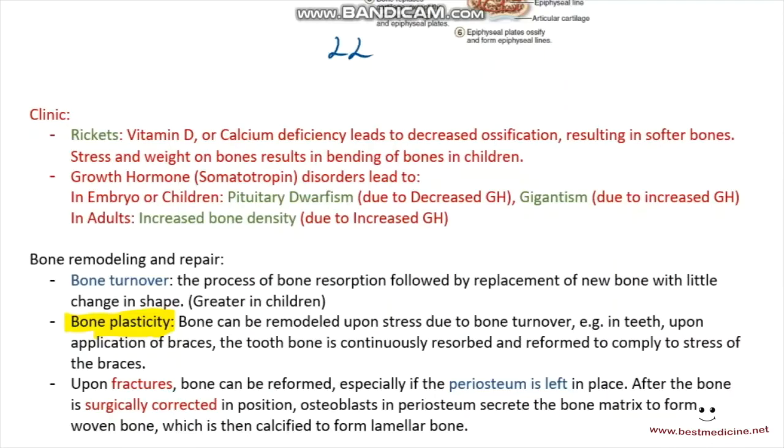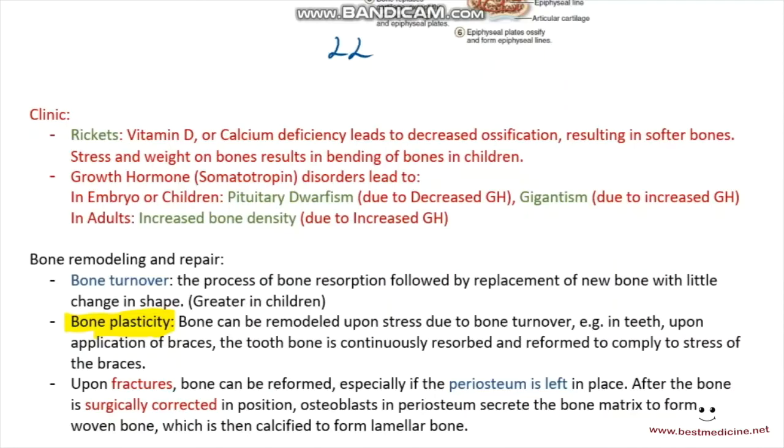Similarly, we have growth hormone disorders. In growth hormone disorders, growth hormone can either be increased or decreased, right? If in children it is increased, then it results in something called gigantism, in which there's abnormal growth in children. It results in a gigantic morphology.